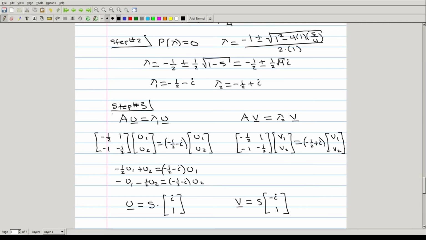And so the eigenpairs for this system are this eigenvalue with this eigenvector and this eigenvalue with this eigenvector.